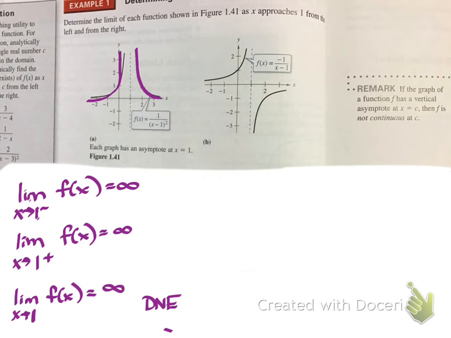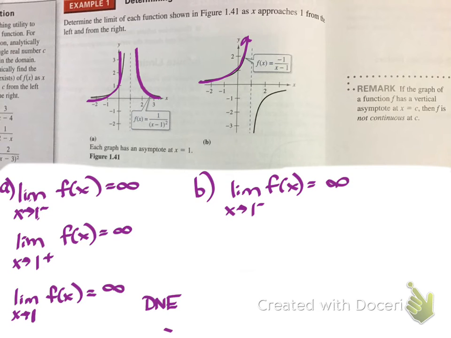Okay, B part, we're going to find the limit as x approaches 1 from the left of this f of x. From the left, we're going up to positive infinity. The limit as x approaches 1 from the right of f of x is going to negative infinity.